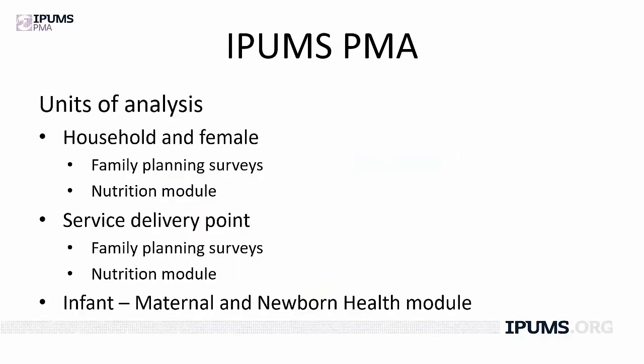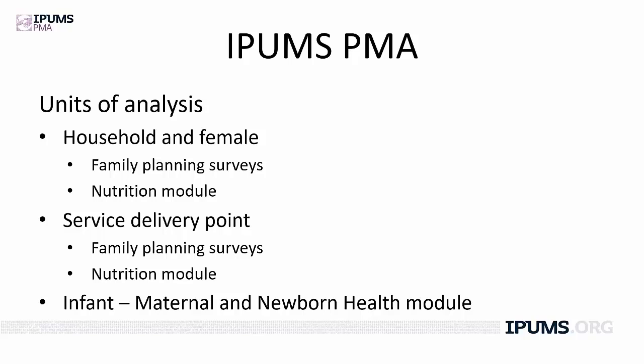PMA data is collected at multiple units of analysis. Currently, there are household and female surveys, where each observation in the microdata is a person, organized within households. The core family planning surveys are collected this way, in addition to nutrition modules collected in Burkina Faso and Kenya.